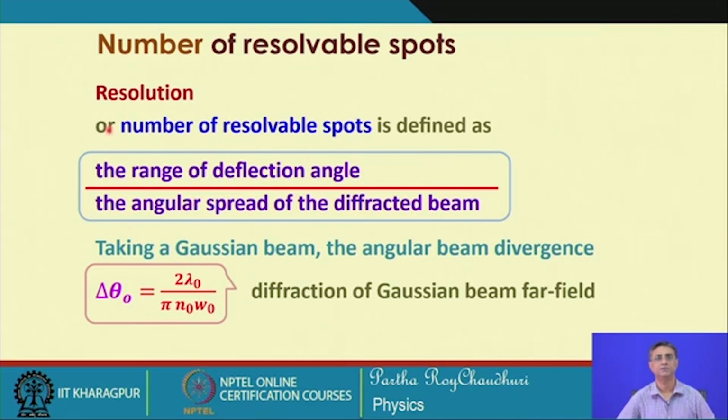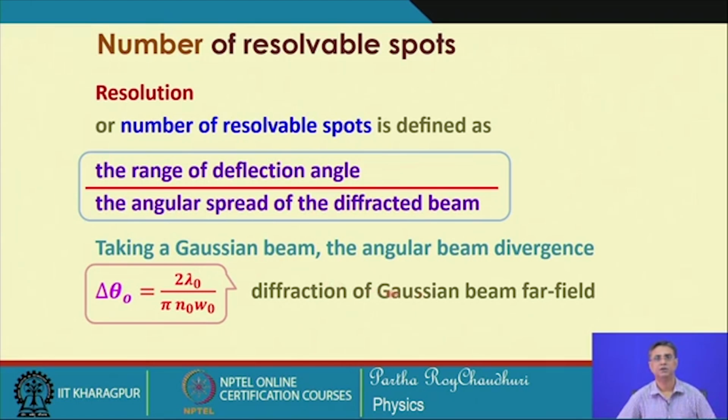So, the number of resolvable spots is defined as the range of deflection angle divided by the angular spread of the diffracted beam. Taking as an example a Gaussian beam, the angular beam divergence of the optical beam is given by this, from the theory of angular divergence of a Gaussian beam.